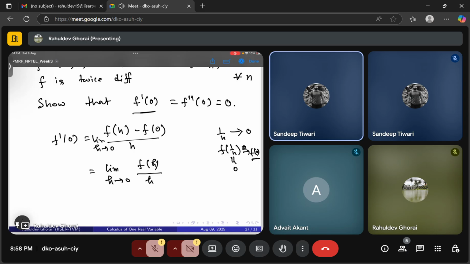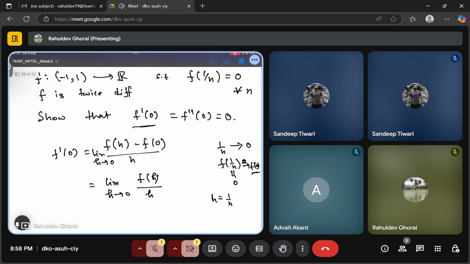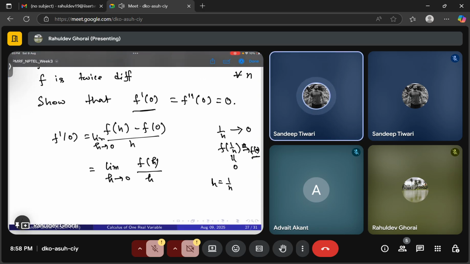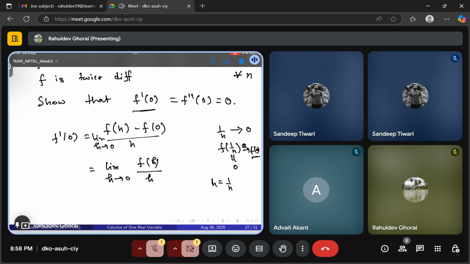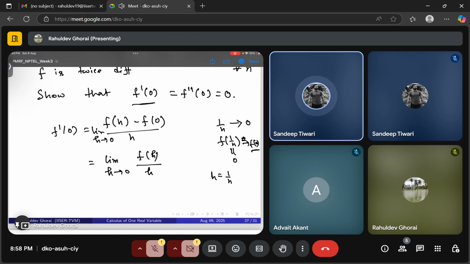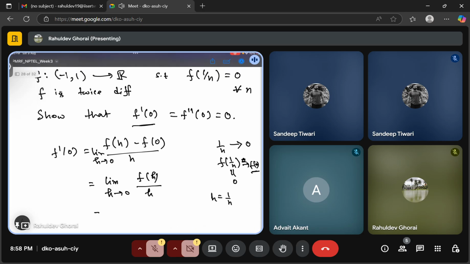No, no. Take h equal to 1/n. Yes. Sir, we want to find this limit when h tends to 0. Yes. h equal to 1/n and f(h) will be f(1/n), and it is given that this is 0. f(1/n) is 0.